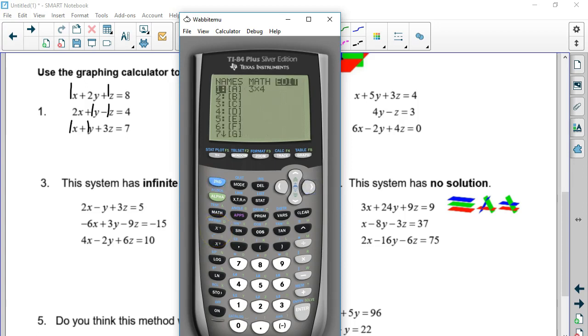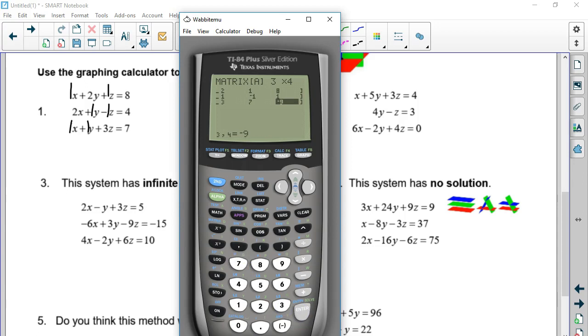Now this is a 3 by 4 again, so all I have to do is hit enter, use my right button to get down into the matrix, and now I just change the numbers. 1, 2, 1, 8, 2. You can see them change as I go through. 1, negative 1, 1, 1, 3, 7. How quick and easy that is.